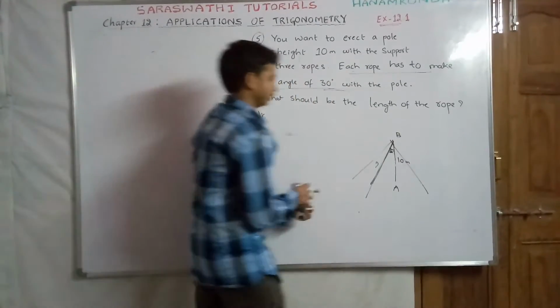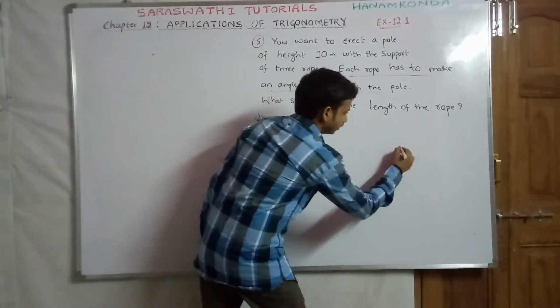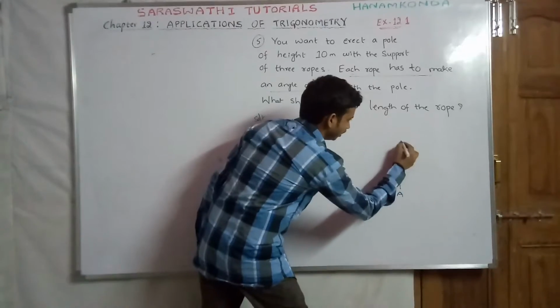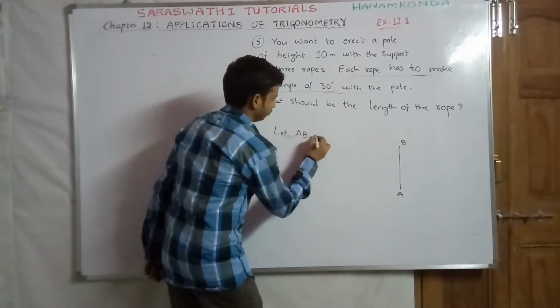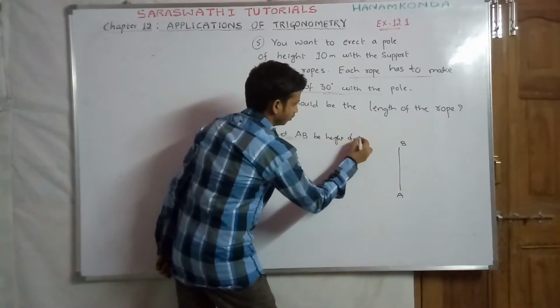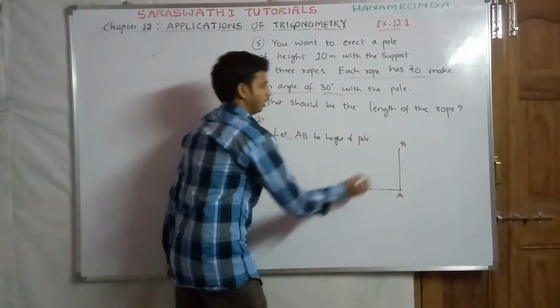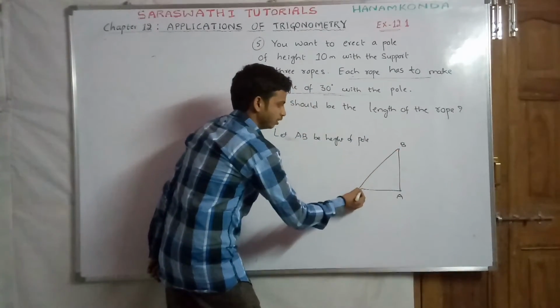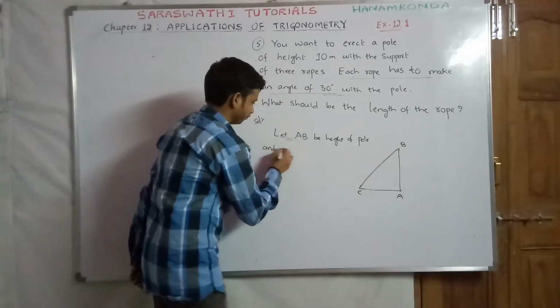Let AB be the height of the pole and BC be the length of each rope.